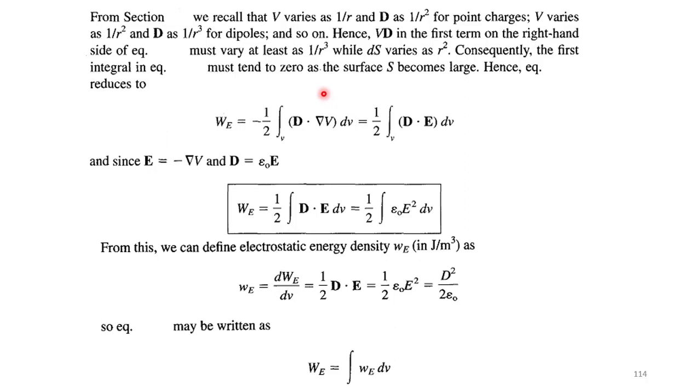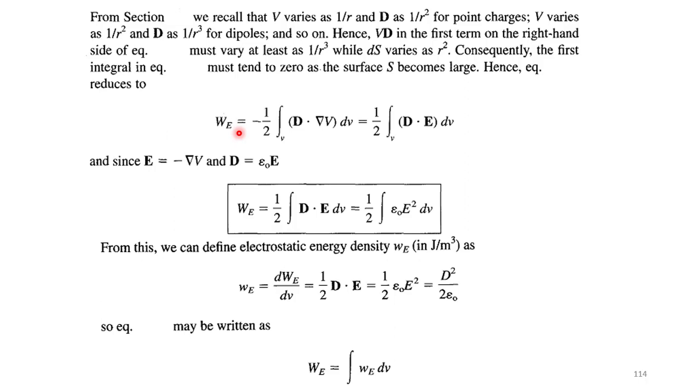That relation says that E is equal to minus del V, so we can write del V as minus E. This minus sign and the already present minus sign will become plus. So we'll write this equation as 1 by 2 volume integration of D dot E over volume dv. Clear?